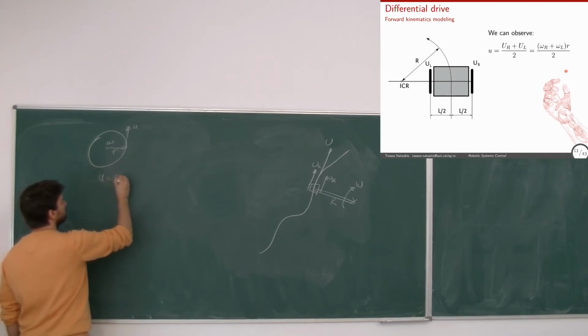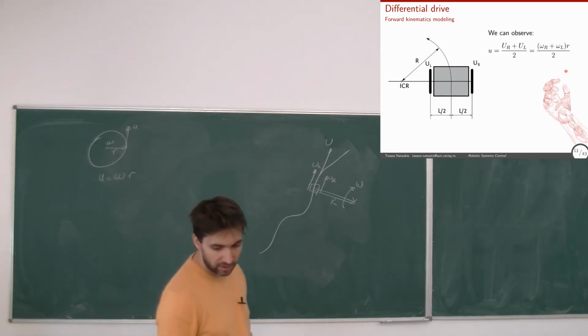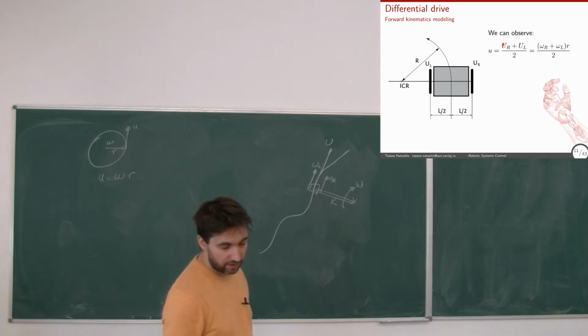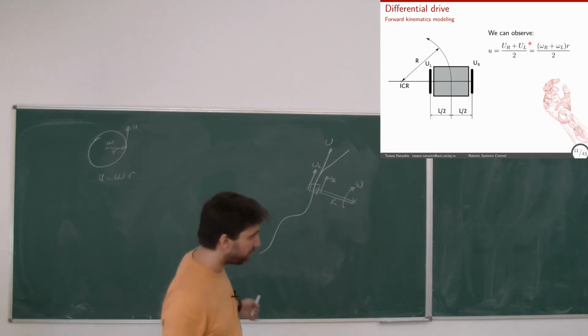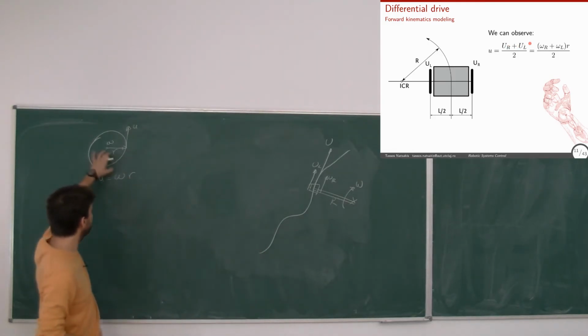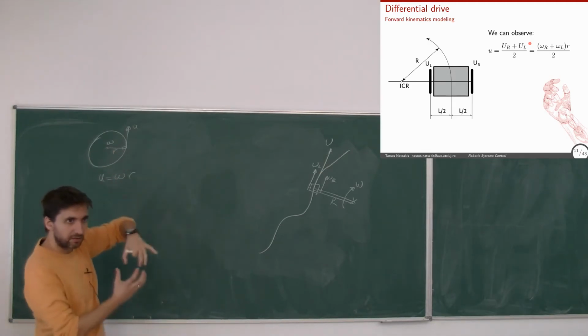U equals omega r, right? So if here I replace for the angular velocity of the right wheel, it will be UR times r and UL times r, r being, sorry, not the diameter, the radius of the wheel itself.